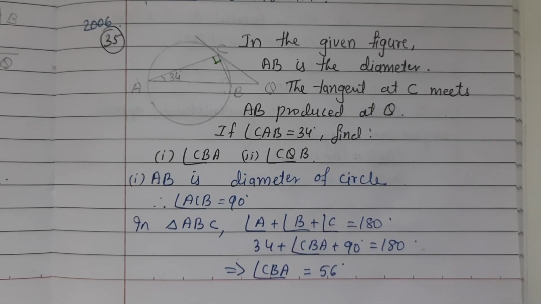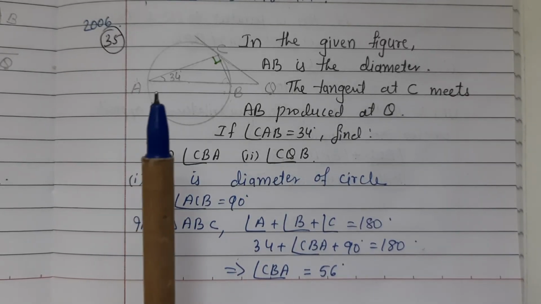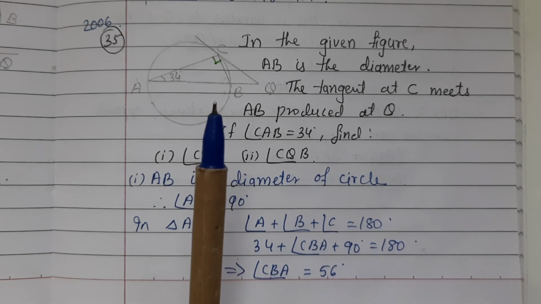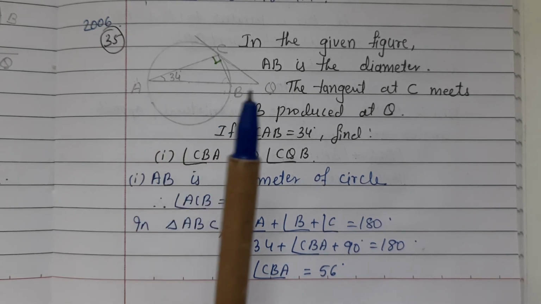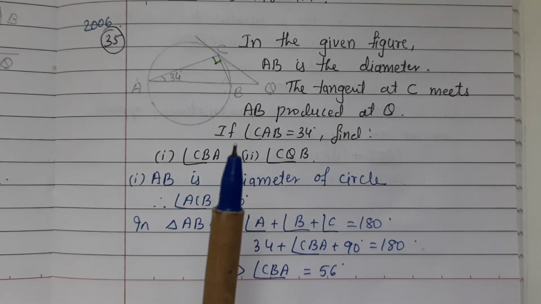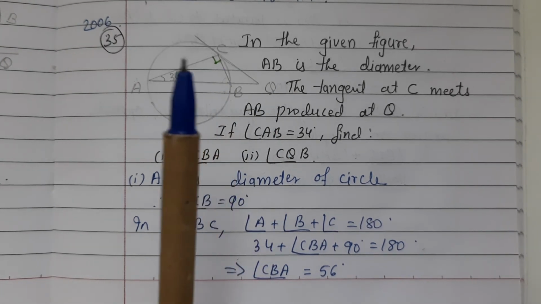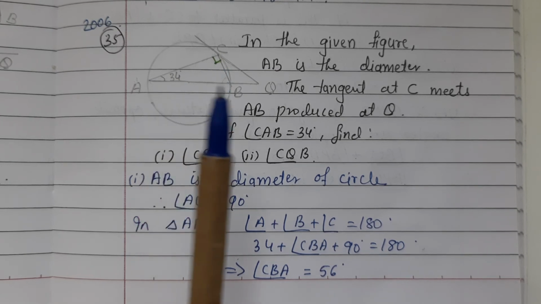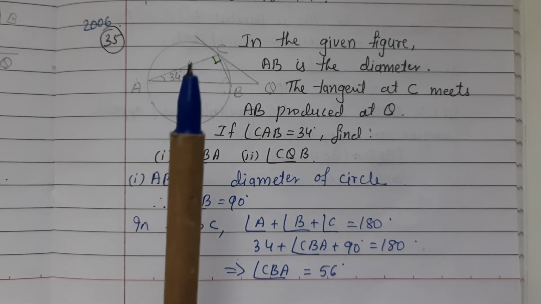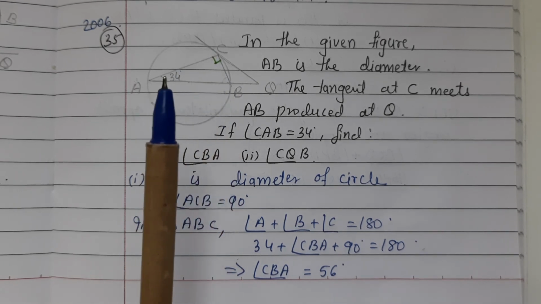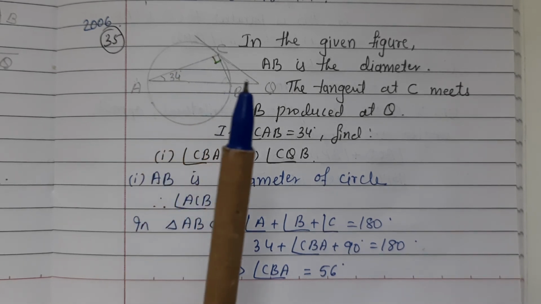Sum number 35. In the given figure, AB is the diameter and the tangent at C meets AB produced at Q. If angle CAB equal to 34 degree, find first part angle CBA, second part angle CQB.